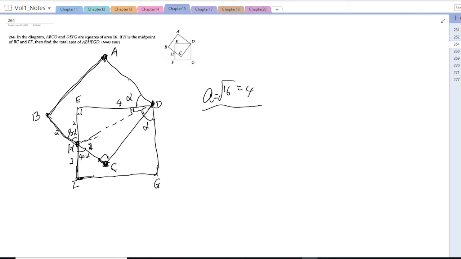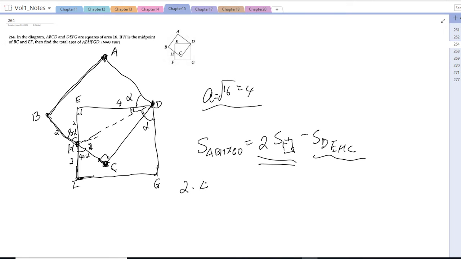The area of ABHFGD will be the two squares, taking out the one area that overlaps, which is DEHC. The two squares are easy: 2 times the 4 square is 32.